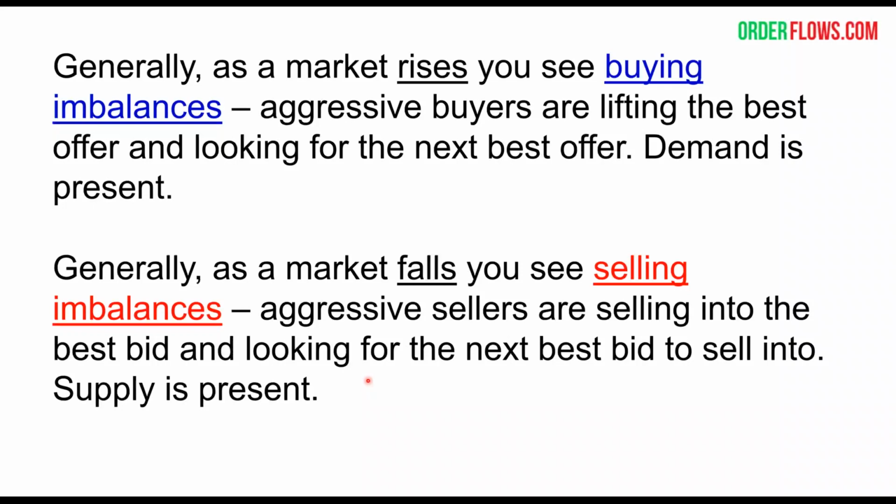Supply is present. Now, like I just said, just a quick caveat. I say generally because, as the market's going up, right, there's a lot of demand. So people are lifting the offer, they're buying it, because they think prices are going higher. But sometimes you do see selling imbalances in a market that's moving up. Why?